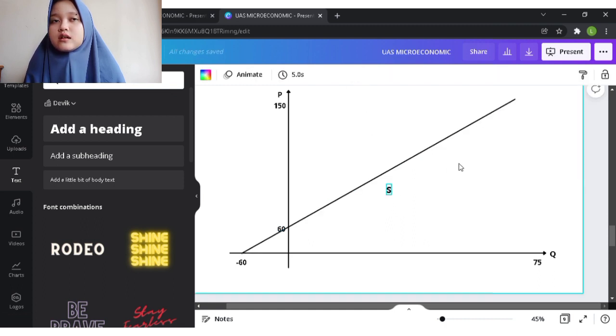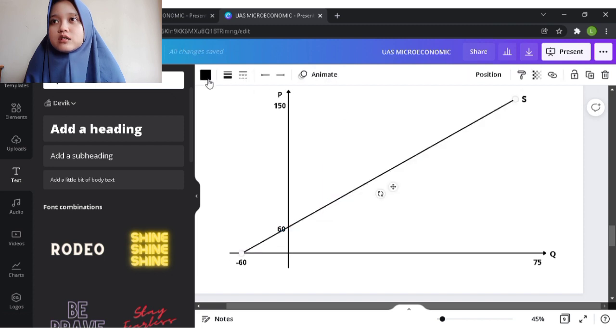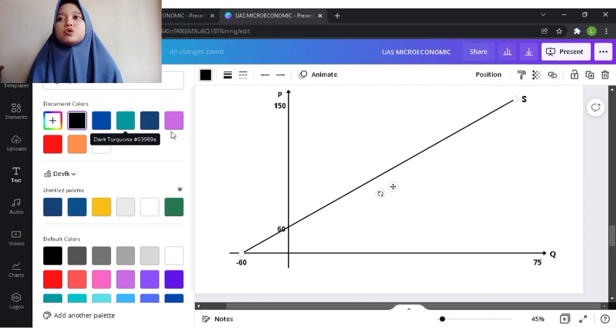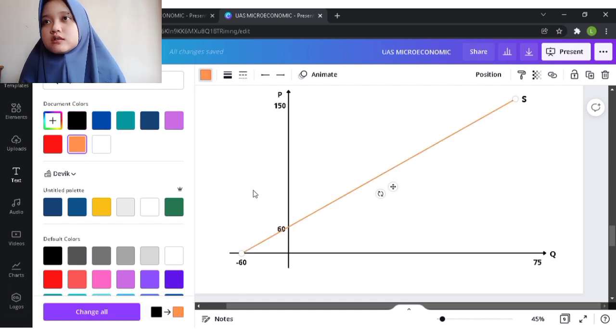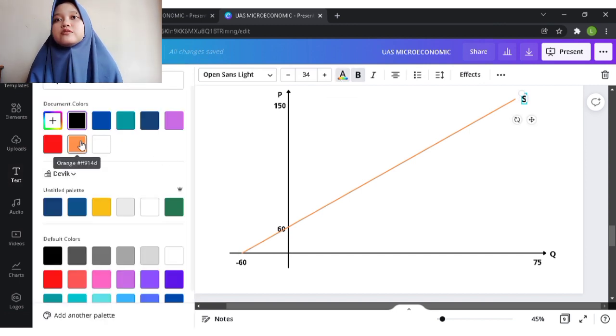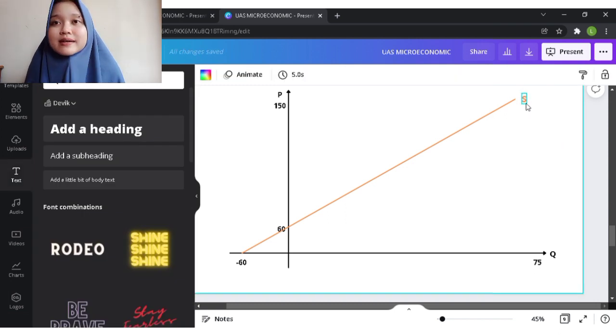We change the color to orange to make it clearer. So we have drawn the supply, so we move to the demand curve.